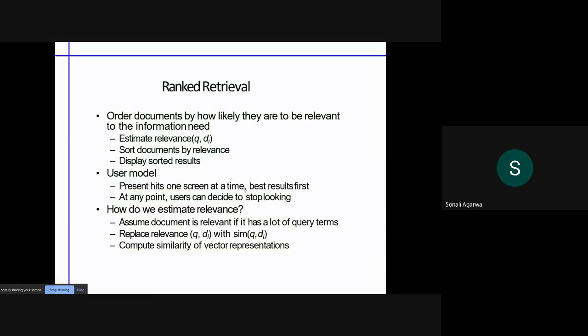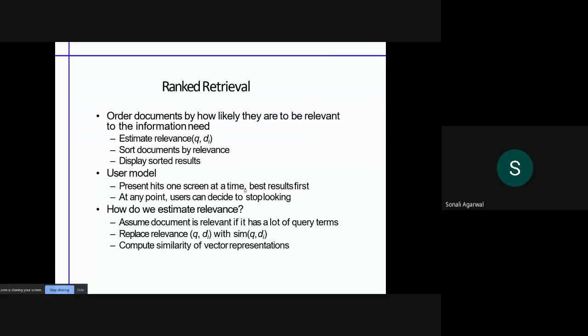Then there is another approach: can we have ranked retrieval? In the present scenario, everybody is looking for retrieval where we are not only looking for information, but for the most relevant information. So basically, we estimate the relevance, sort the documents by relevance, and accordingly show the results.